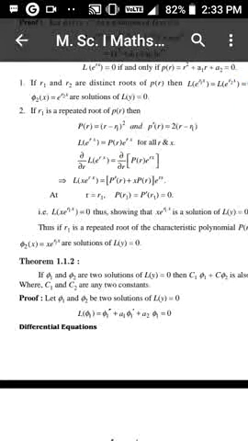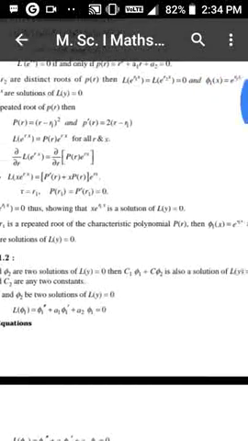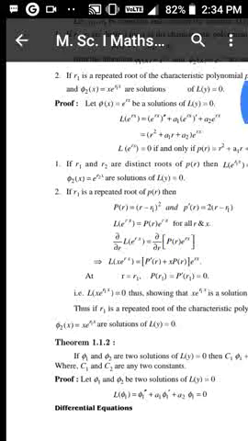Thus, if r1 is a repeated root of the characteristic polynomial p of r, then phi1 of x is equal to e raised to r1x and phi2 of x is equal to x into e raised to r1x are solutions of L of y is equal to 0.